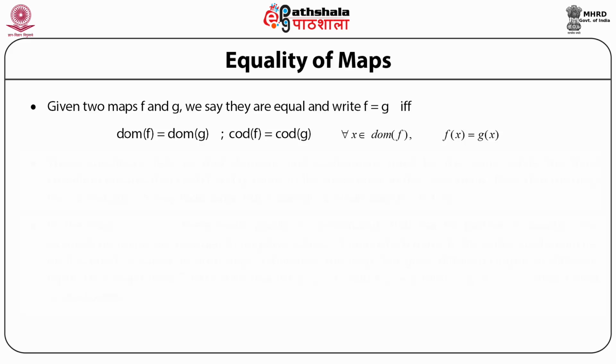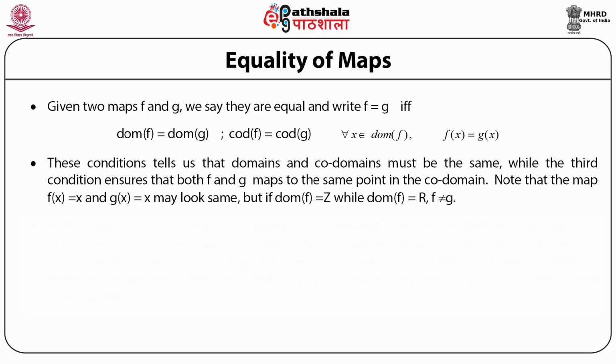What do these conditions tell us? These conditions tell us that domain and codomains must be the same, while the third condition ensures that both f and g map to the same point in the codomain. We say that because we have said earlier that f of x is equal to g of x, which means that both f and g map to the same point in the codomain.